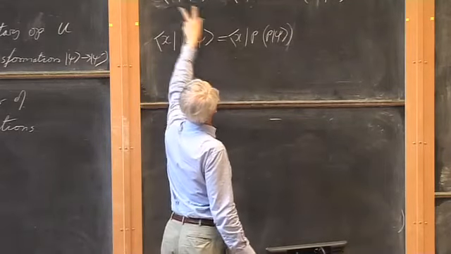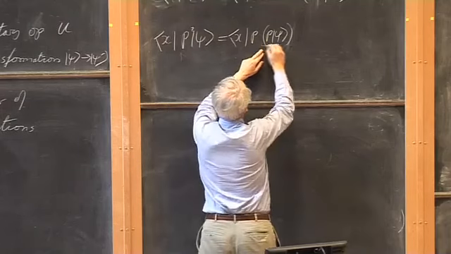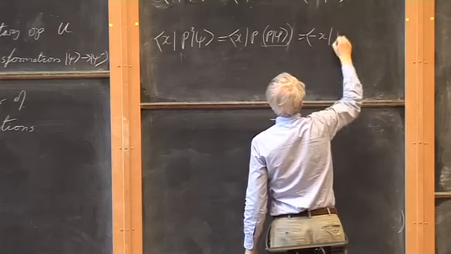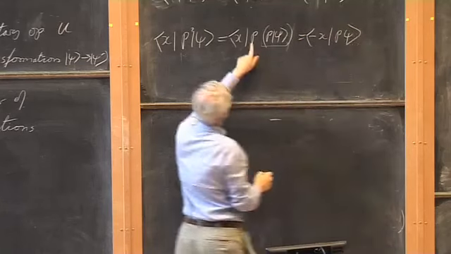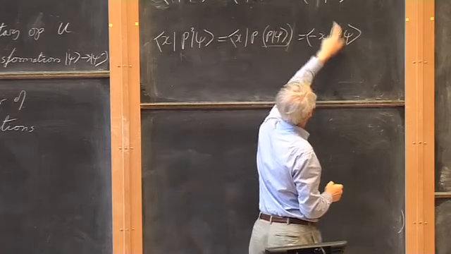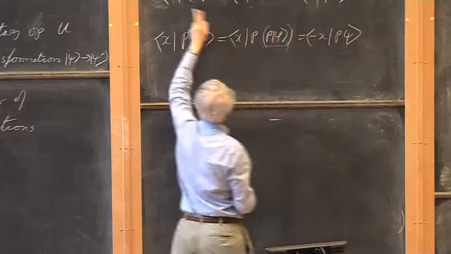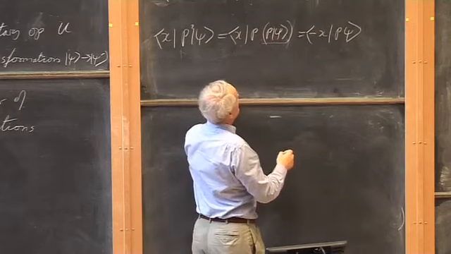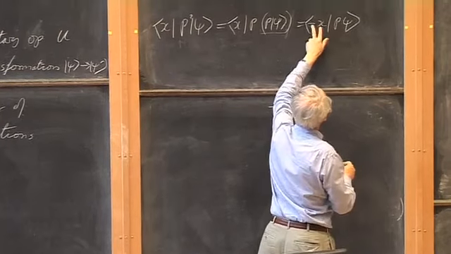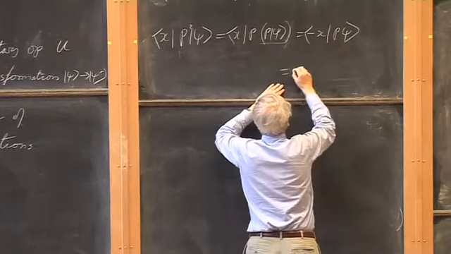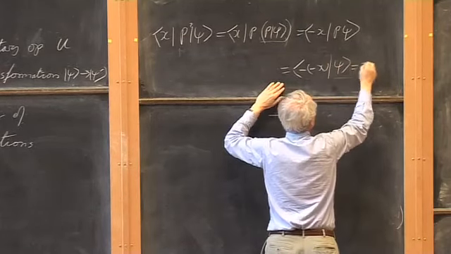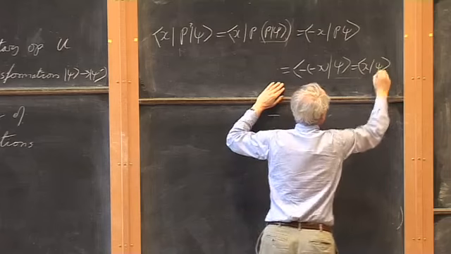We use this rule here on this state, so that's equal to minus x on P at psi, right? Because this P and that x, using that rule on this state, gives me this. I'm replacing psi in this formula by P at psi. And now I can play the game all over again. So by using the same rule, I find that this is equal to minus x on psi, which of course is equal to x on psi.